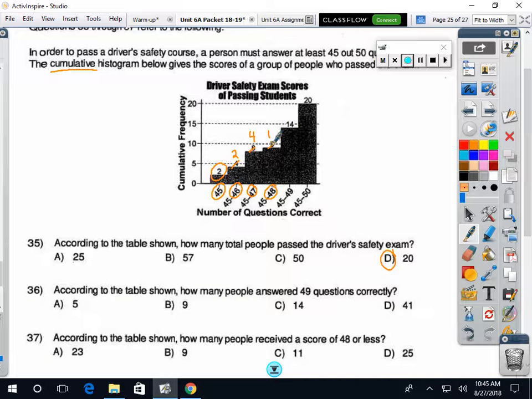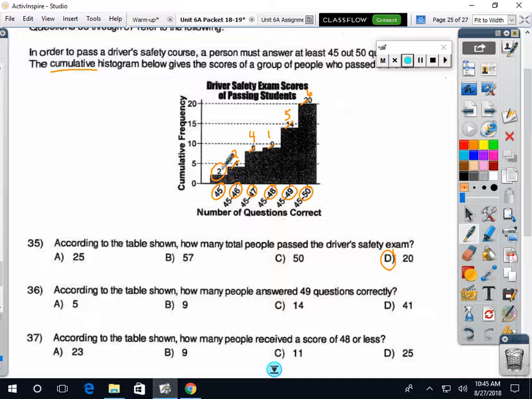And then to jump from 9 to 14, how many people got exactly 49 correct? 5. Because to jump from 9 to 14, isn't that a jump of 5? And then 14 to 20 is a jump of 6, so that means 6 people got exactly 50 correct.